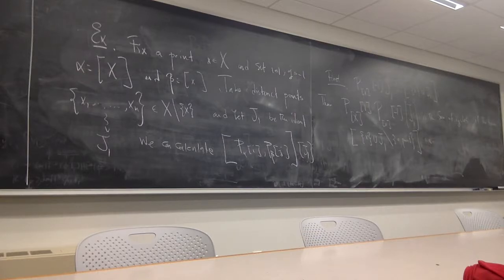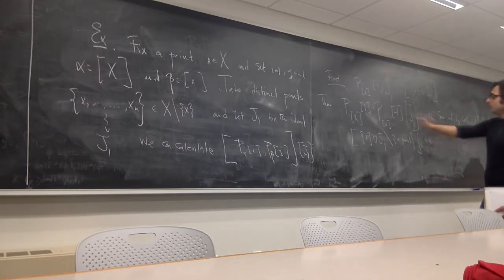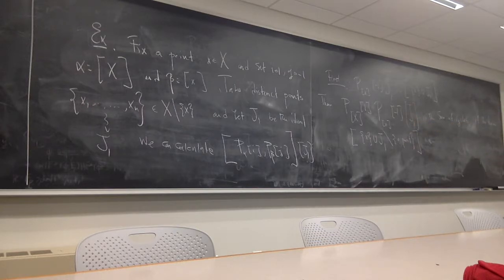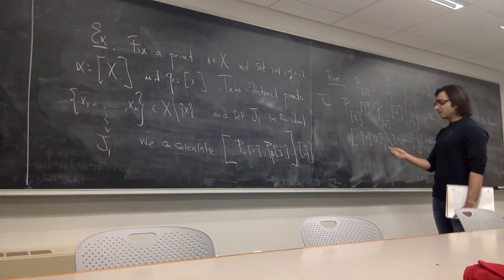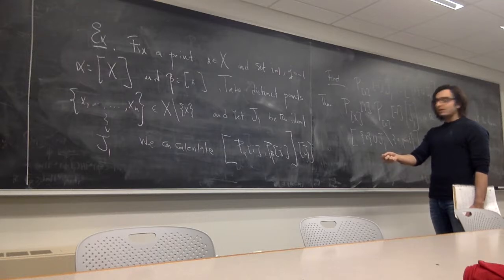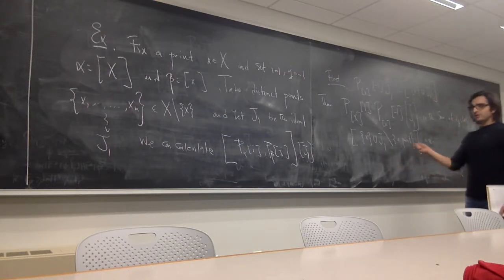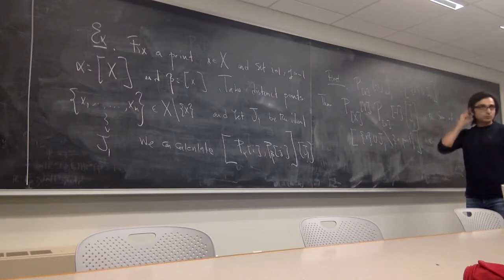The Clifford bracket gives you 1, the Heisenberg bracket gives you 1. Okay, so this is the sum of cycles of this form minus a point. And why is it the sum of cycles? Because first you look at the configurations of points given by J1. These are ideal sheaves of functions vanishing on n points. This adds a point to that configuration, and then you remove a point, but you can remove any of the possible points. So you have n plus 1 points in here, and you can remove any of them.